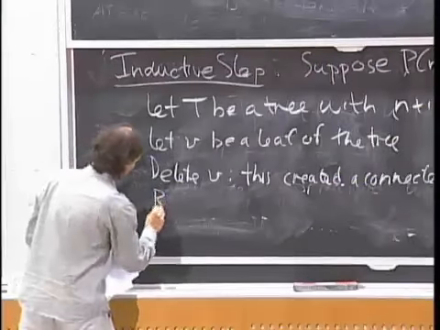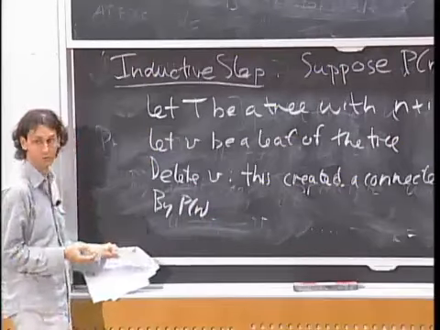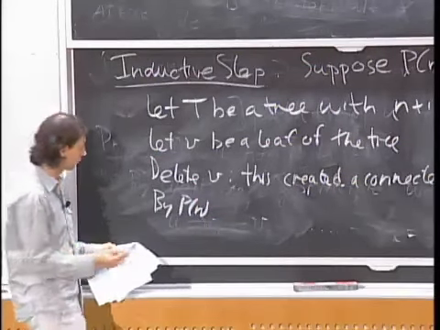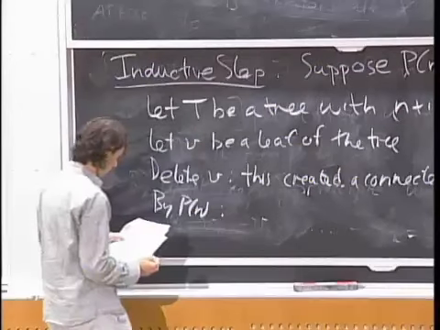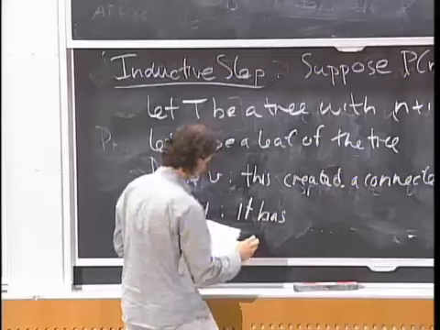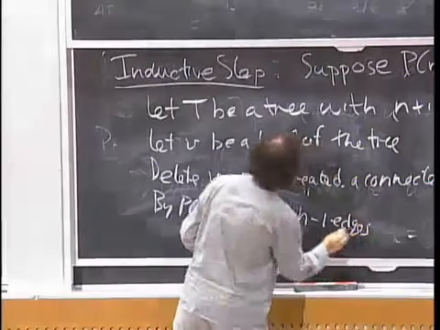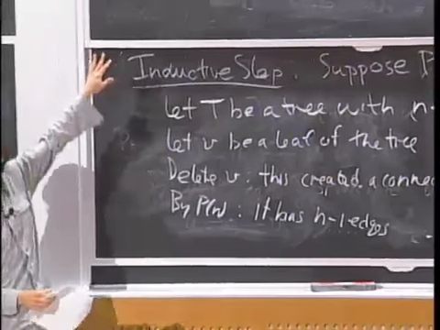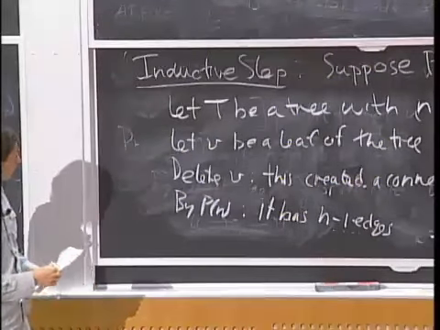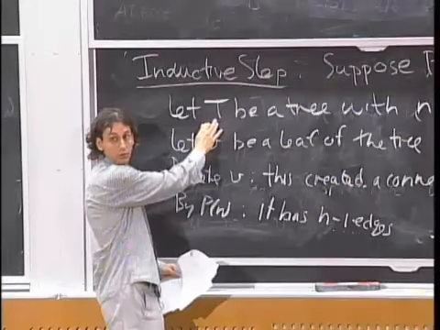So now we can apply Pn, because we have n vertices, because we deleted one. So by Pn, we can conclude that this particular subgraph has n minus 1 edges. We simply apply our statement over here. But we want to say something about the original tree.